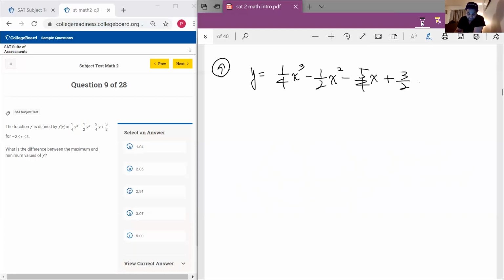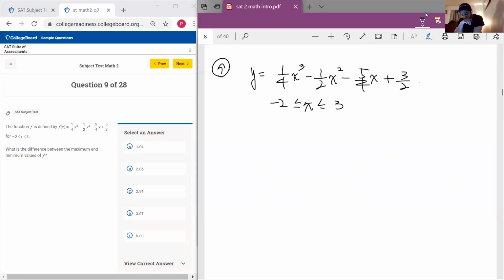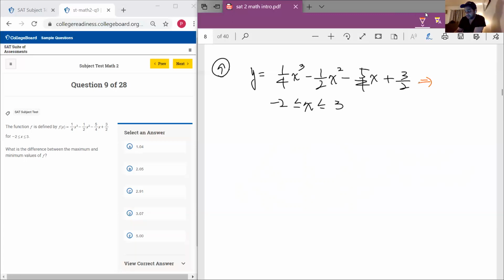All right, guys. You want to find what's the difference between the maximum and the minimum values. There are just some questions on this test, very few, that must require a calculator. And this is one of them. Don't even bother trying to graph it out by picking the endpoints, -2 and 3, because you really cannot predict its behavior.